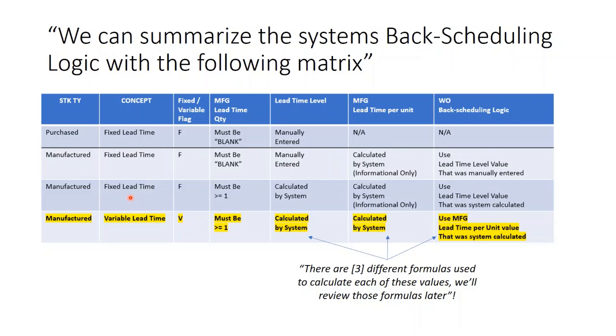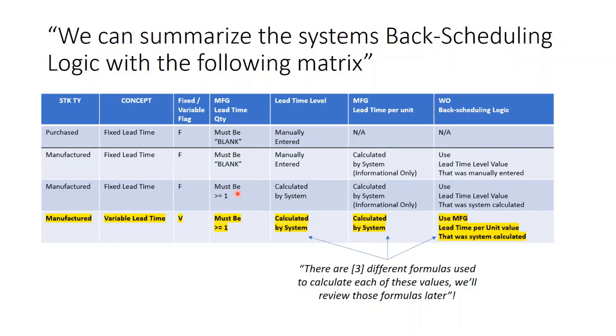Now, if for the manufactured item using fixed lead time we chose to have the system calculate the lead time level for us, we would use the fixed variable flag as an F, and then we would manually enter a manufacturing lead time quantity value that is equal to or greater than 1.